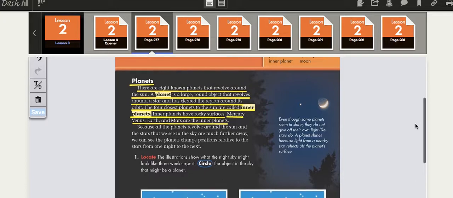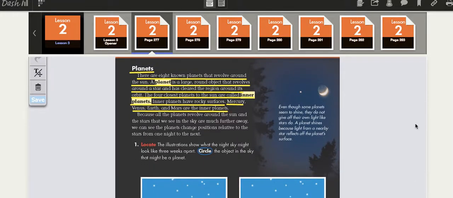So let's start. In order to start talking about inner planets and outer planets, we need first to define what we mean by planet. So actually we have 8 known planets that revolve around the sun. When we say revolve, it means that they rotate around the sun. We all learned, when we were younger, that the Earth rotates around its own axis.